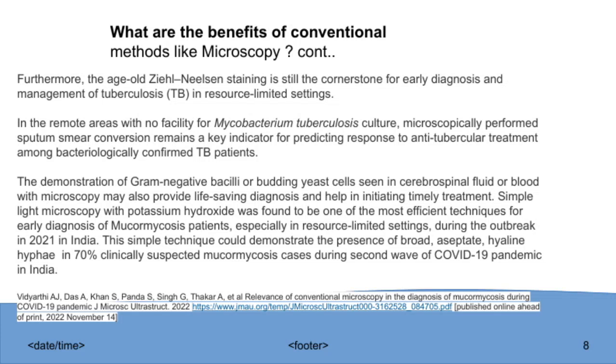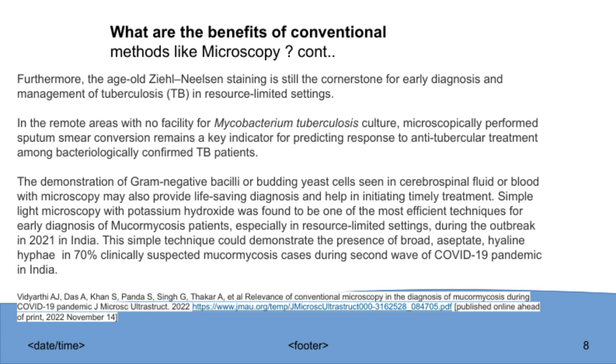Now, let's explore the benefits of conventional methods like microscopy. Firstly, the traditional Ziehl-Neelsen staining remains a cornerstone for the early diagnosis and management of tuberculosis, especially in resource-limited settings where advanced techniques may not be available.